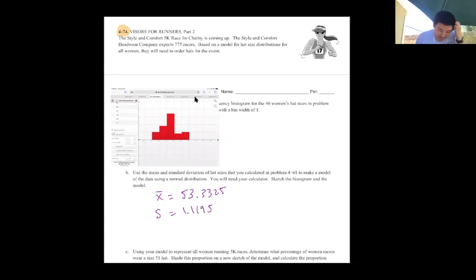I'm not 100% sure how you get the histogram on top of the normal probability plot without having to type in all of the data. So I'm just going to give it to you again. On your homework, you can just have the histogram and then the bell curve separately.